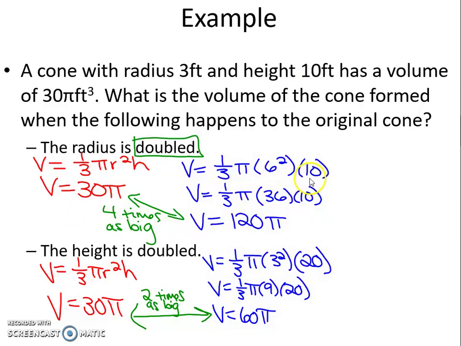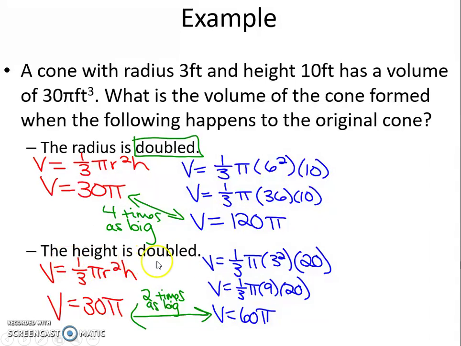So 3 squared is 9, times 10 is 90, divided by 3, that's 30 pi. If I double the radius, instead of 3, it's going to be 6, so that's 36 times 10 divided by 3, 120. So if I double the radius, the volume goes from 30 to 120, that is 4 times as big.